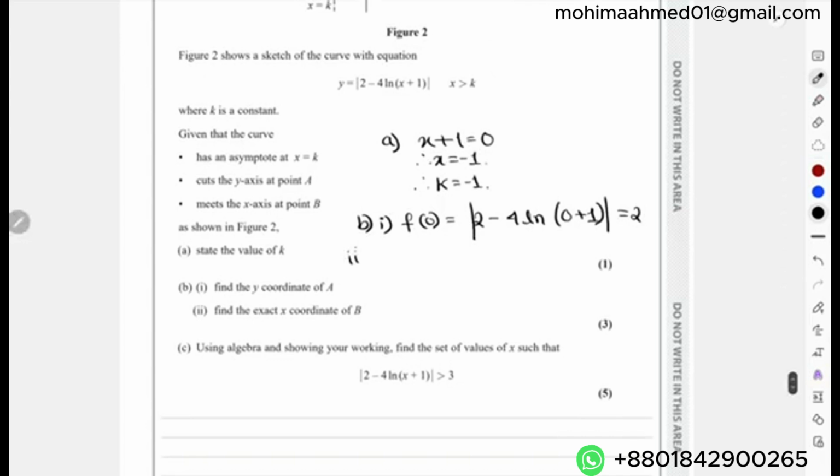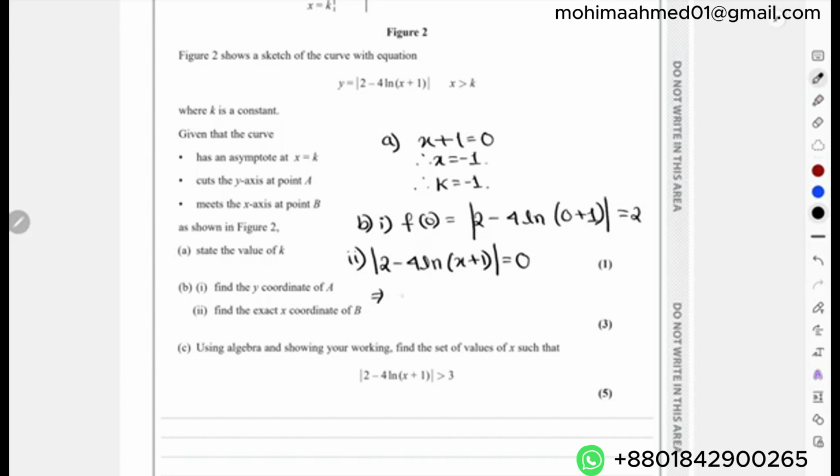For part B, they want you to find the x coordinate of point B, where the y coordinate is 0. So you can write 2 minus 4 ln of x plus 1 equals 0. If you take this 2 to the right hand side, everything will be positive because it was a modulus.